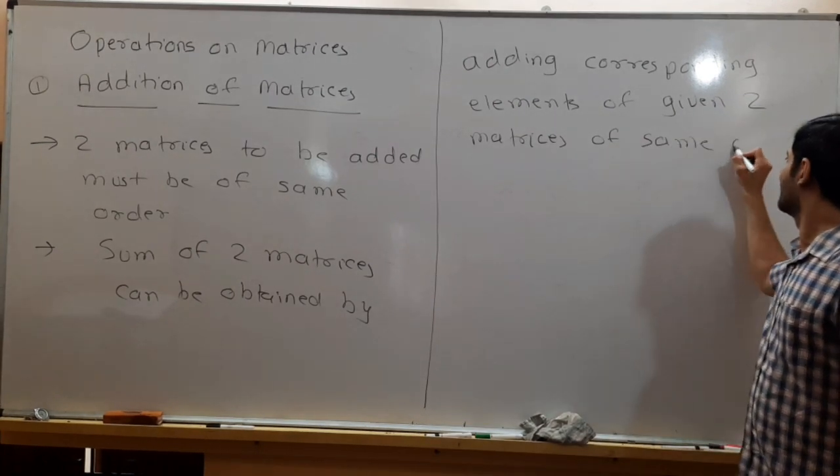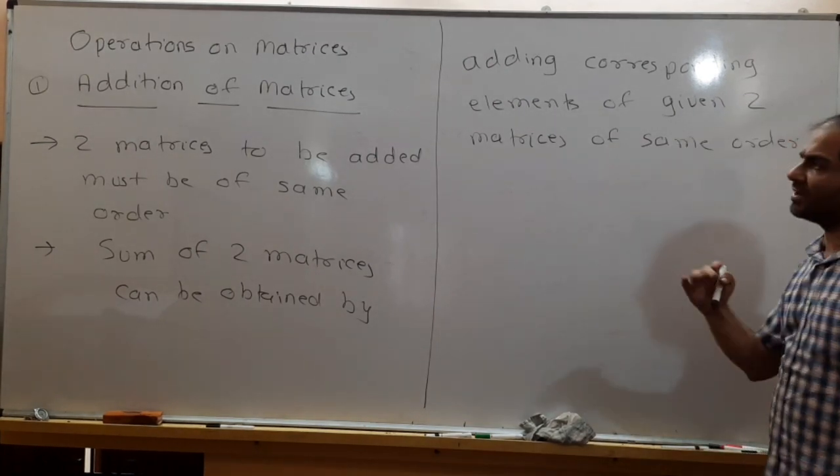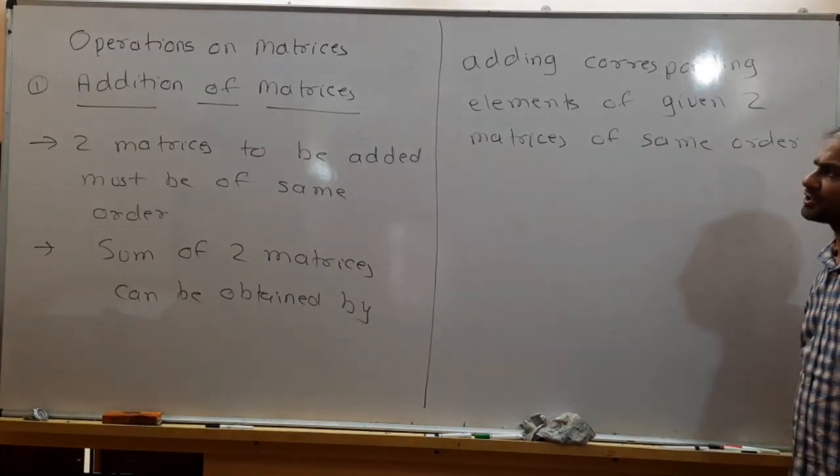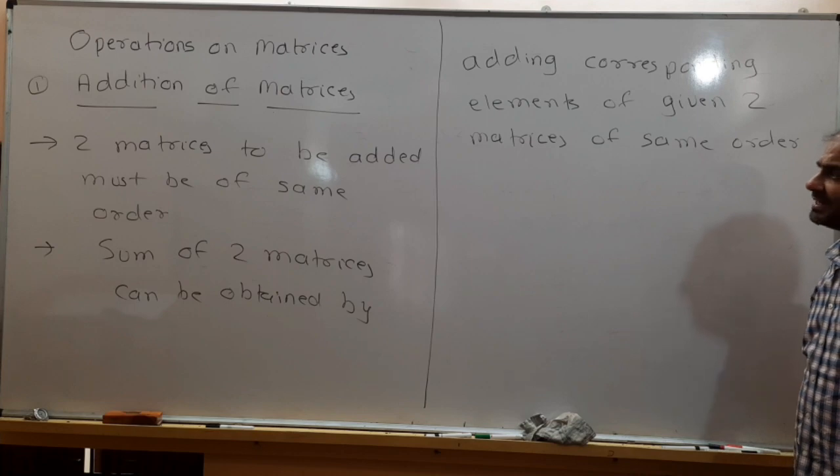It's very simple. They need to be of the same order, and then we have to add the respective elements, and that is pretty much clear. So that will be very easy to understand.